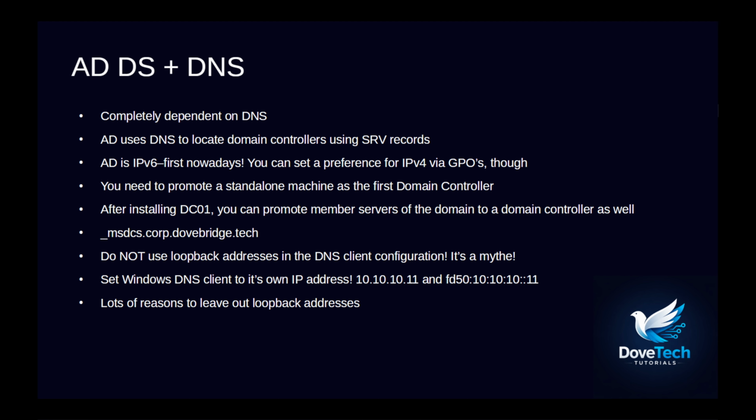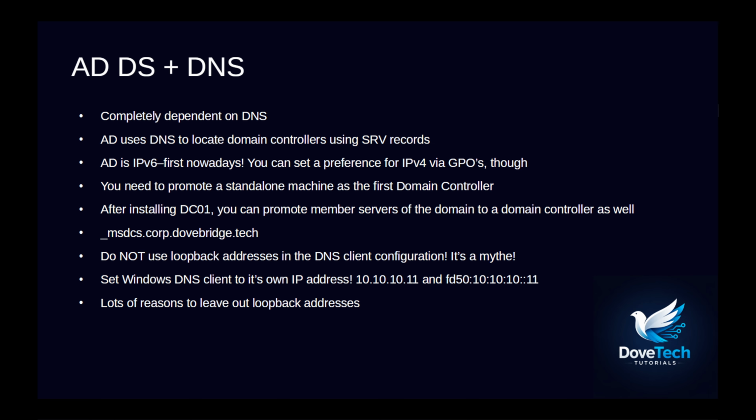Microsoft's own diagnostic tool, dcdiag, will flag loopback as a primary DNS entry as a best practice violation, which means your health check reports will have noise in them from day one. And when something does go wrong and you are running nltest trying to figure out which DNS server answered a query, loopback in the configuration is just another variable obscuring what is actually happening on the wire.